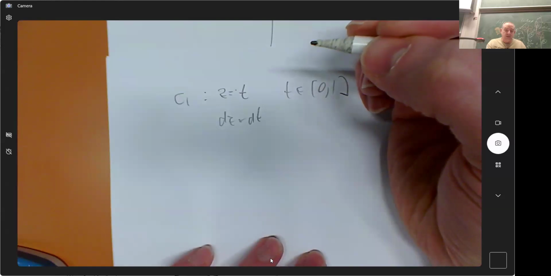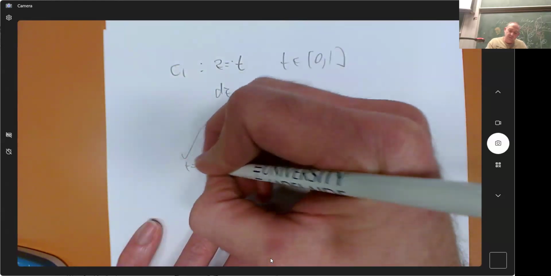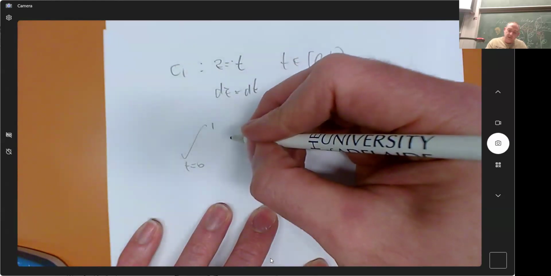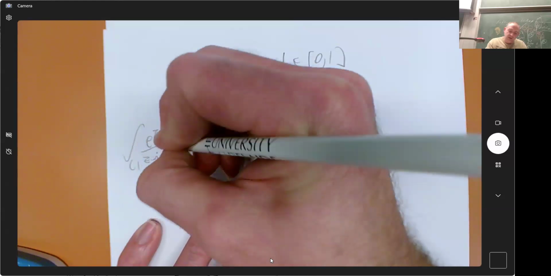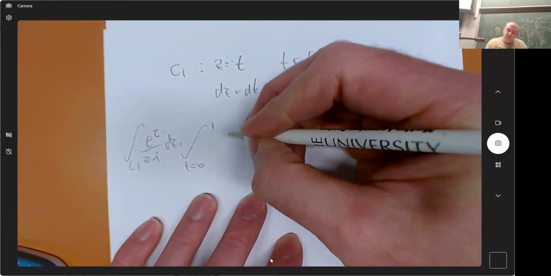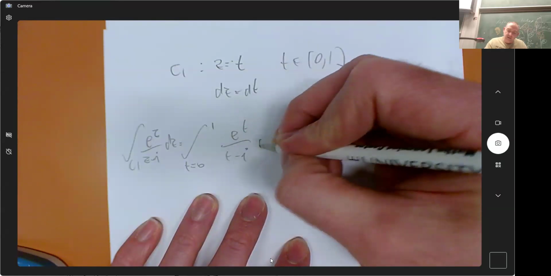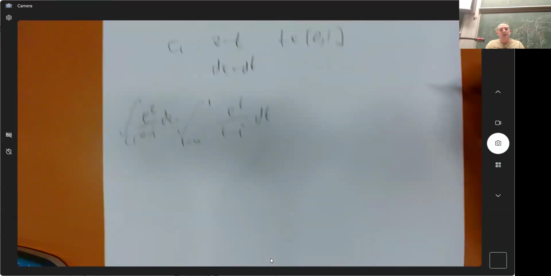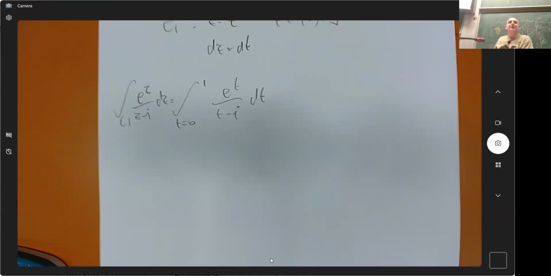And I'd have the integral from t equals 0 to 1. The integral over C1 of e to the z over z minus i dz would be the integral from t equals 0 to 1 of e to the t over t minus i dt. Oh, crap. I don't know how to integrate that. Okay, that's okay. It was worth a try. I'd have to use integration by parts. It would turn to crap, wouldn't it?